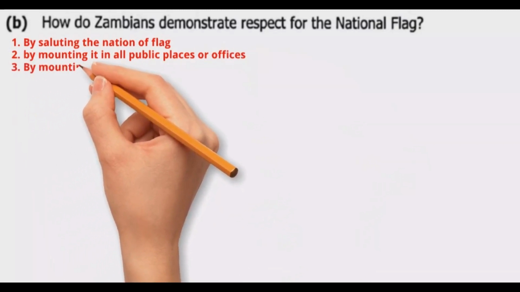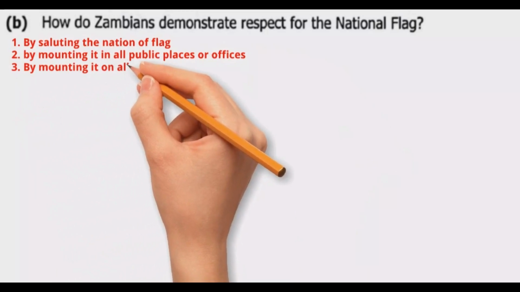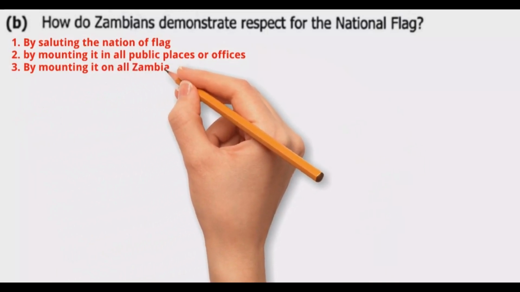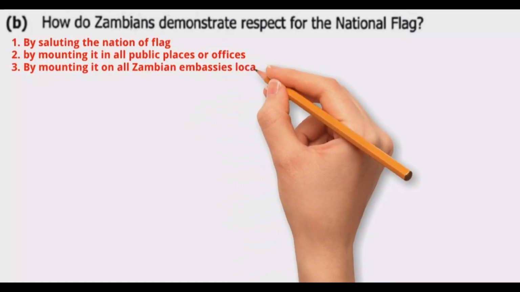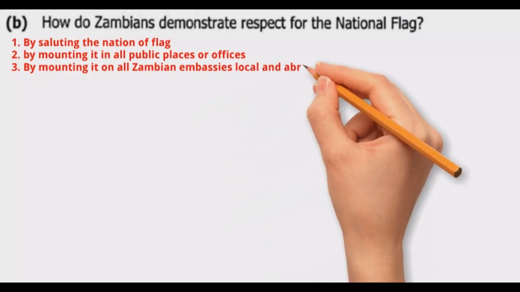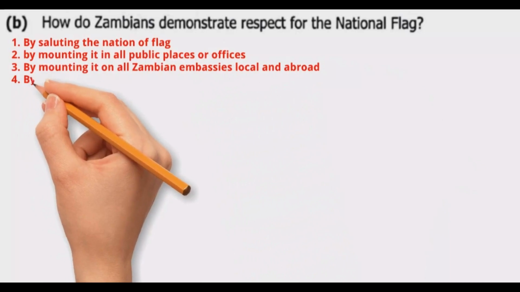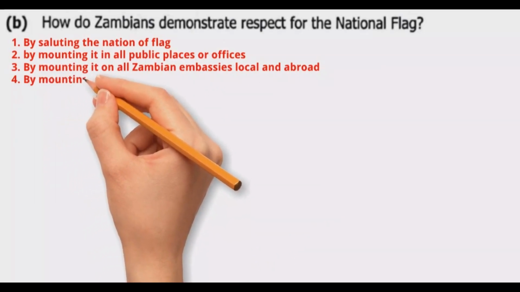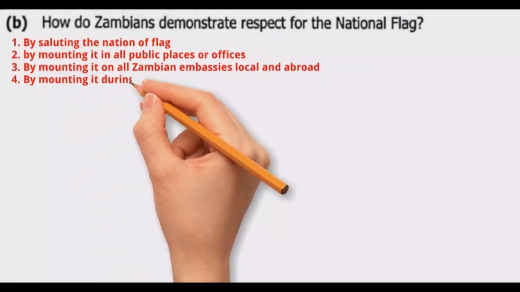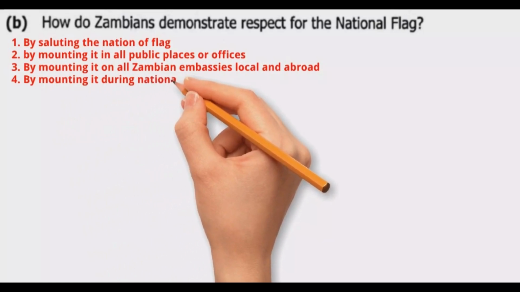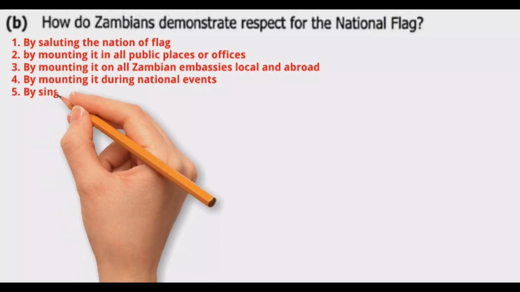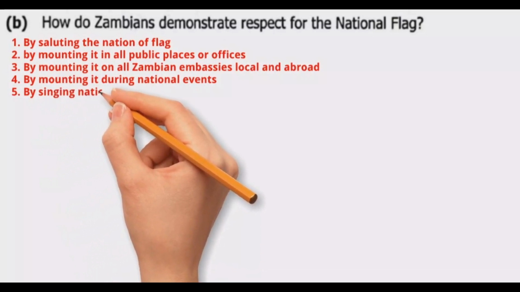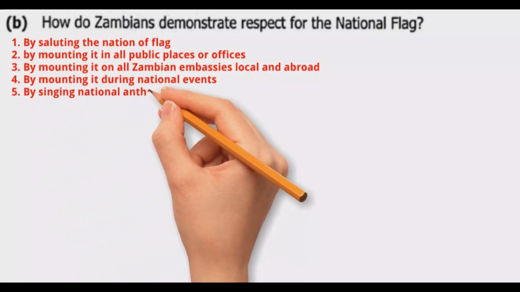The other point is by mounting the flag on all Zambian embassies, local and abroad. The other one is it is used during national events.